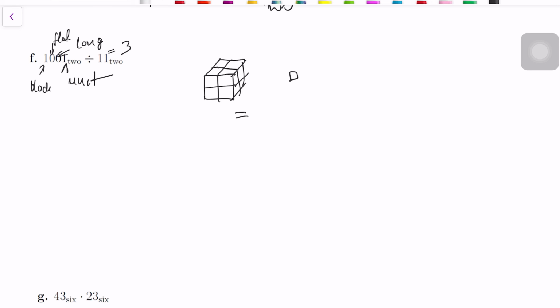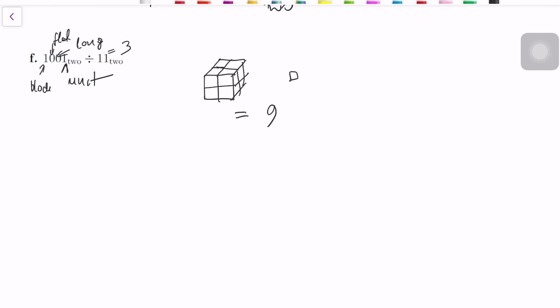And this block is 2 by 2 by 2, so that's 8. This is really 9, so I'm dividing 9 by 3, I know it's 3. So basically what I did, I converted to our base, and I know that it's going to be 3, or 1 1 in base 2.